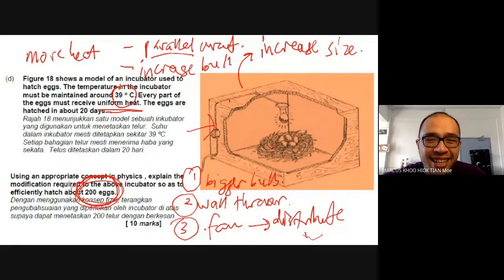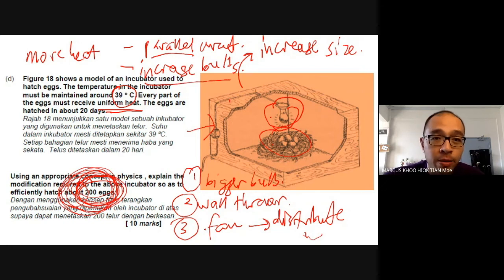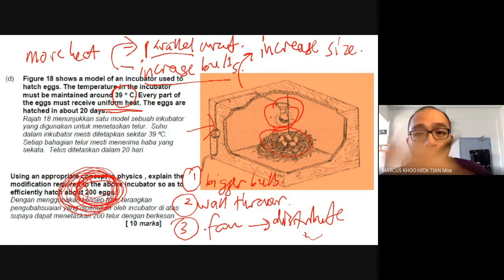This is an important thing that we need to see, guys. This is only one light bulb for 5 eggs, 200 eggs, people. So obviously we need to increase the number of bulbs, and then we can use Elijah's idea, which is to put the bulbs in a parallel circuit. Okay, there is more than 5 answers here, guys.